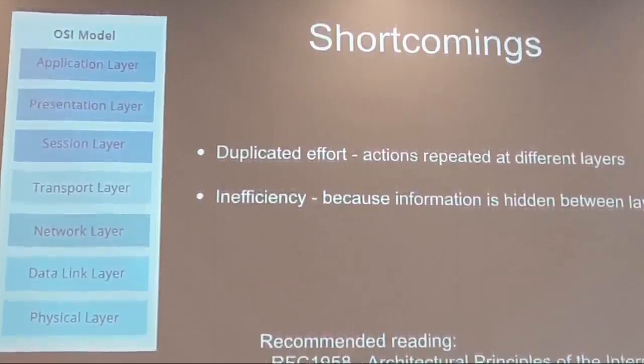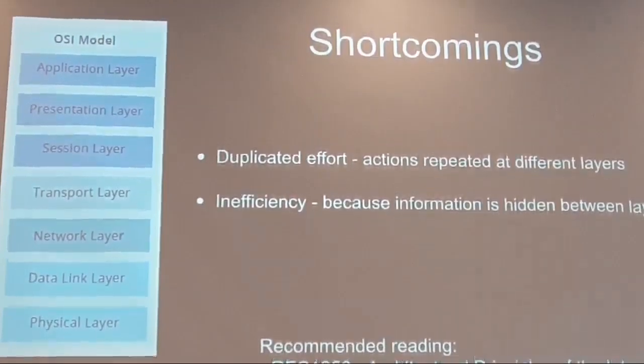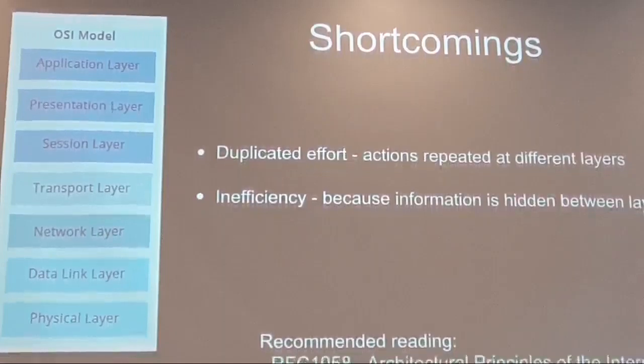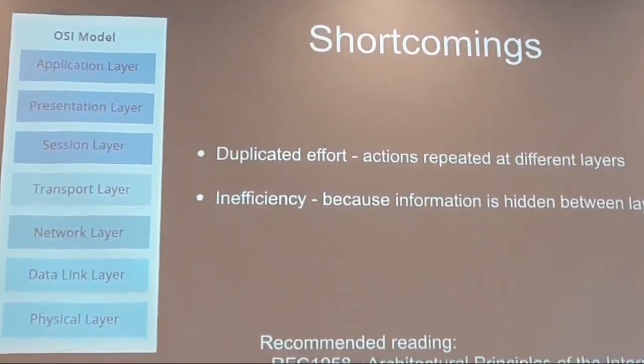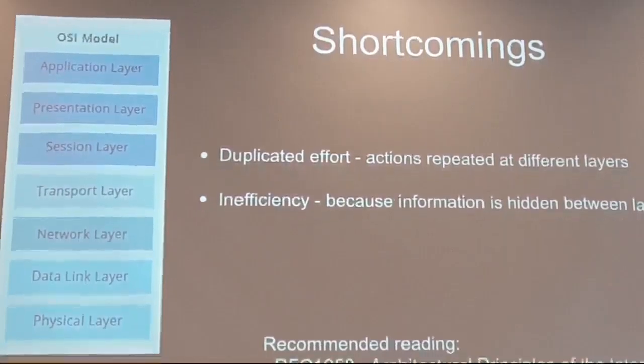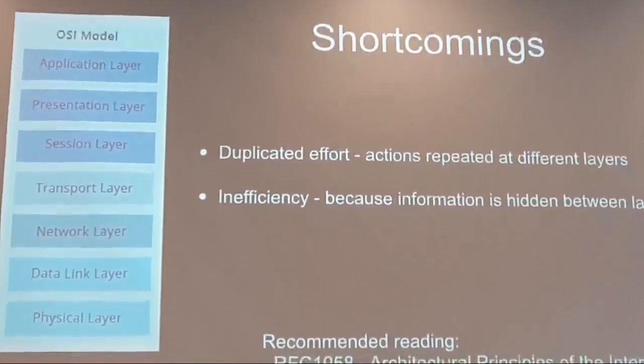But that creates inefficiency and duplicated effort, because if you look at how a typical corporate VPN works, there's encryption at, I think it would be, the network layer, so that's like IPsec. Then there's re-encryption at, I believe, the transport layer, so that's like the VPN itself, if it's not an IPsec VPN.